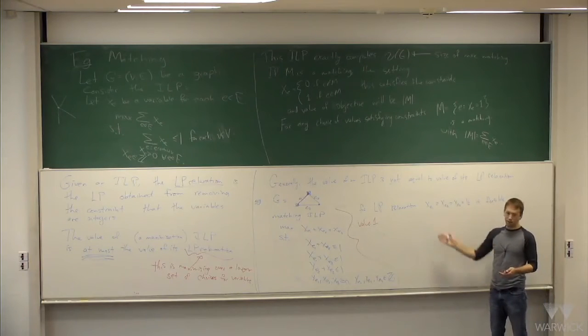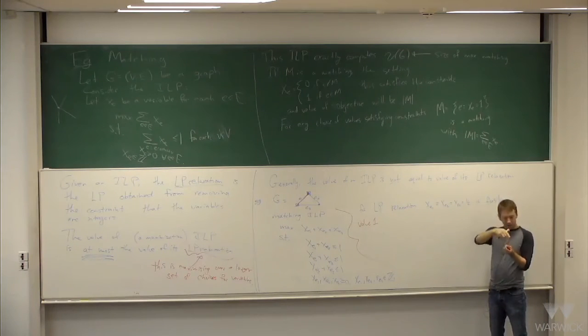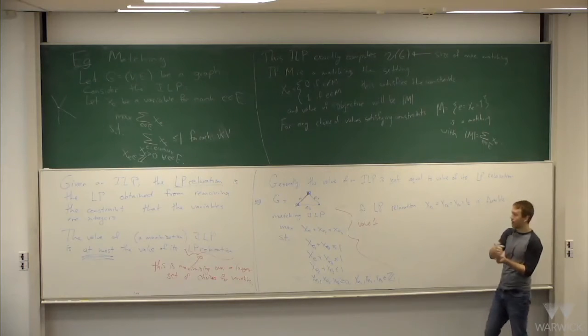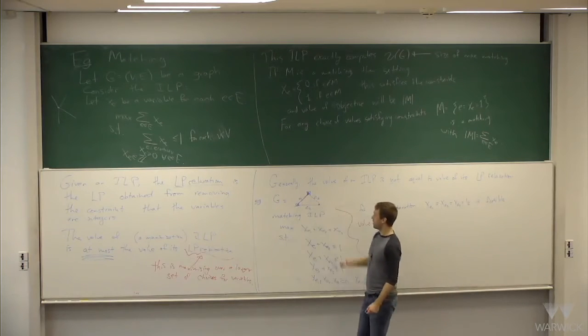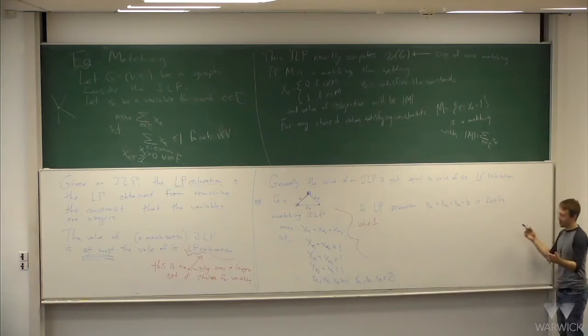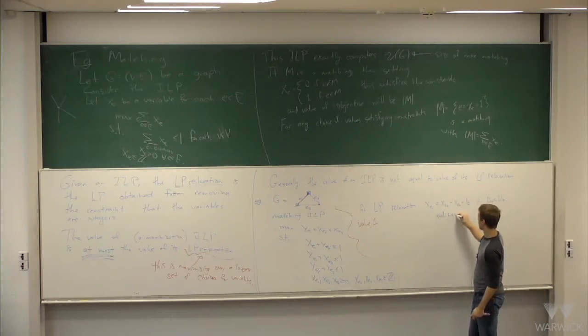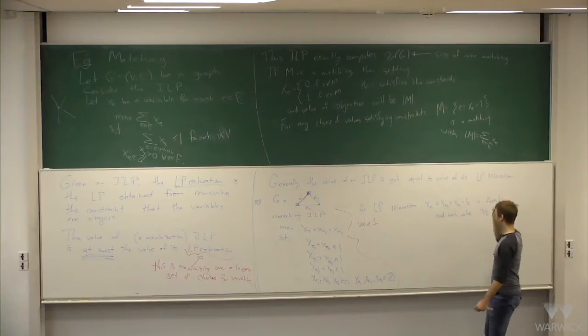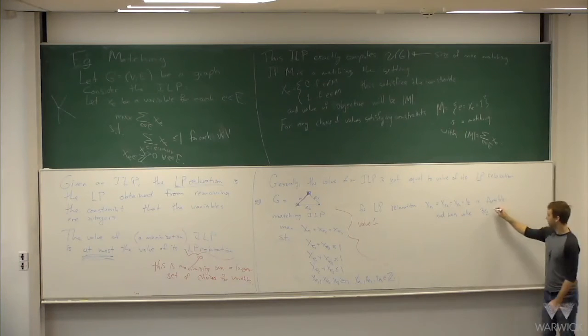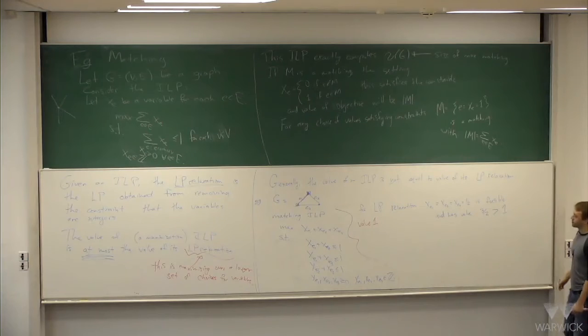Everything is non-negative, and at each vertex, the edges containing that vertex sum to 1. 1/2 plus 1/2 is 1. And it has value 3/2, because 3 times 1/2, which is strictly greater than the value of the integer linear program.